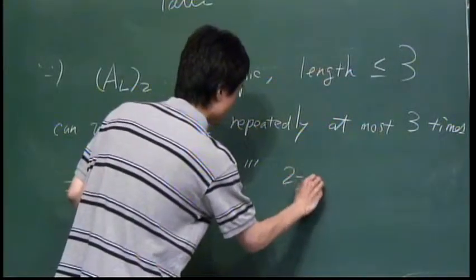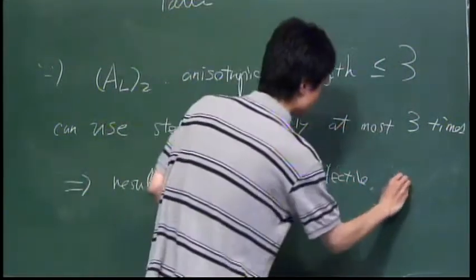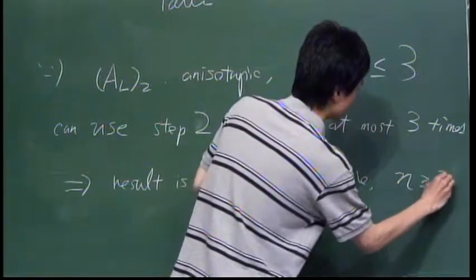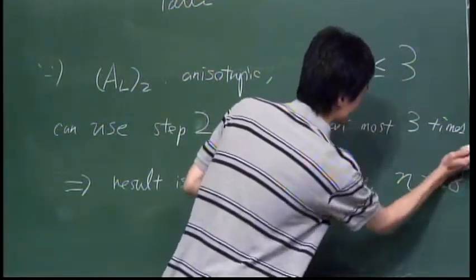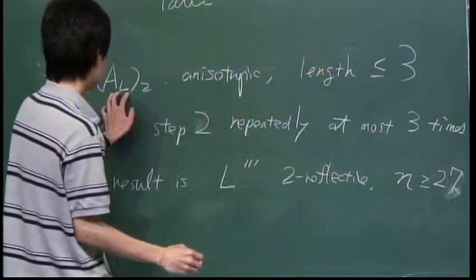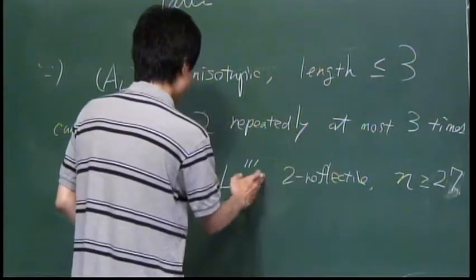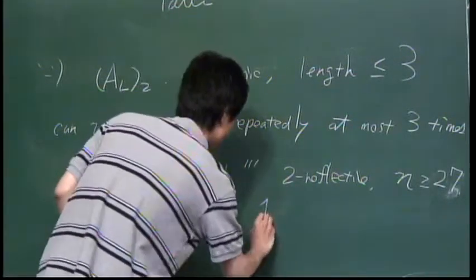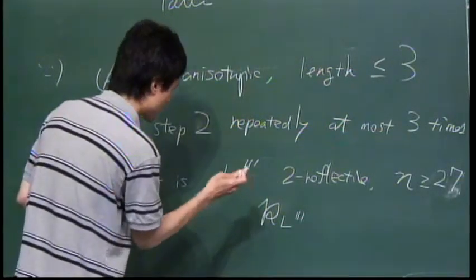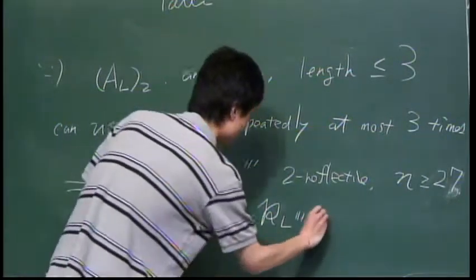Two reflective. And after 3 times, the dimension is larger than 27. But then, we did this process as far as possible. Then this cannot have -2 vectors of splitting type.